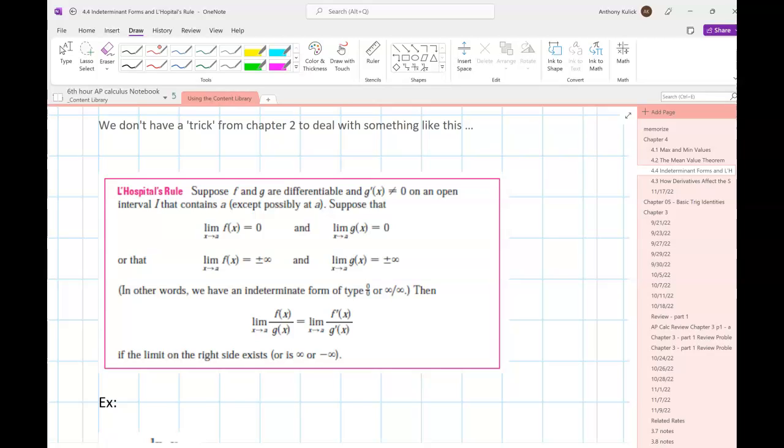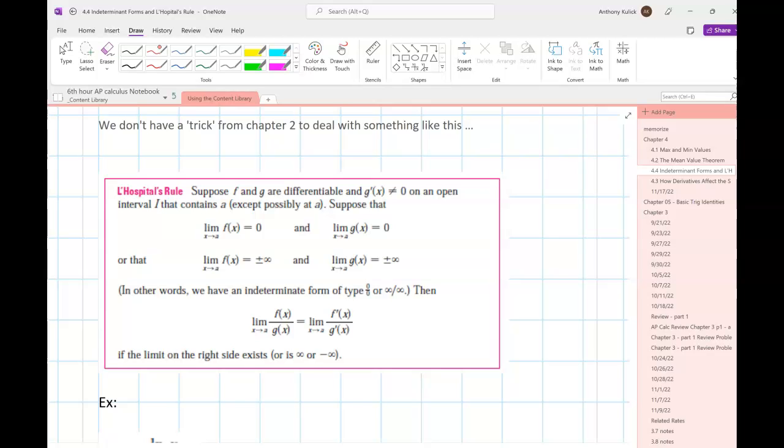And then if I have the indeterminate form of 0 over 0 or infinity over infinity, then the limit is equal to the limit of the derivatives. Okay. That we can do.